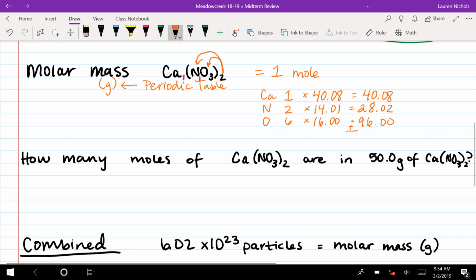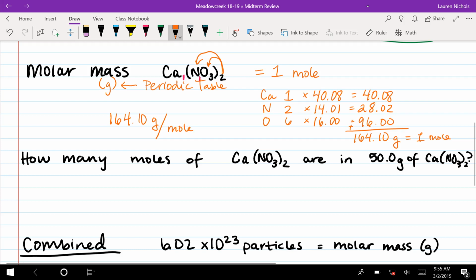So then we add them all together to get our final part. And so we have 40.08 plus 28.02 plus 96 will give us 164.10 grams. And remember, that's always equal to 1 mole, which is why we would normally write our molar mass as being 164.10 grams per mole.